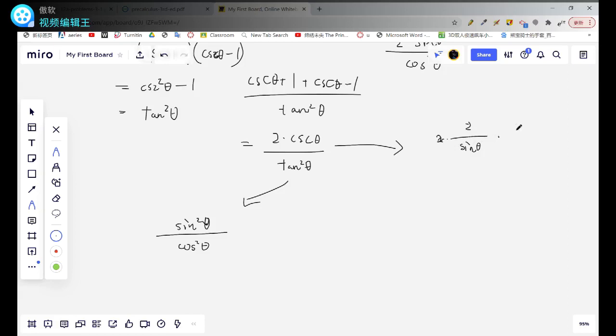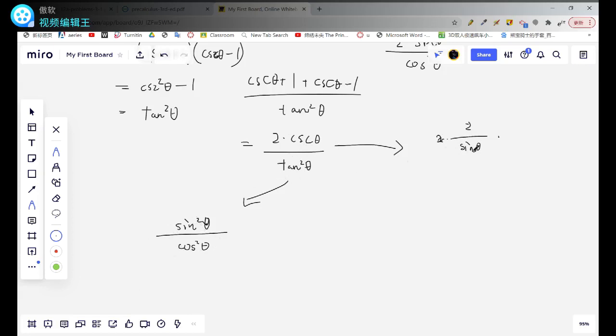You divide by tangent squared theta. Wait, let me erase something. So for here, cosecant is 1 over sine theta, so 2 over sine theta, and this is sine squared theta over cosine squared theta.